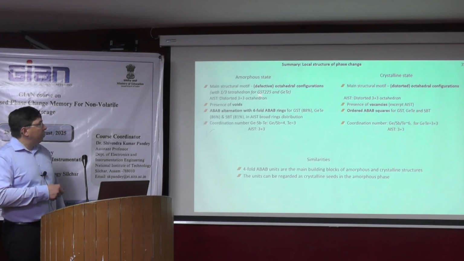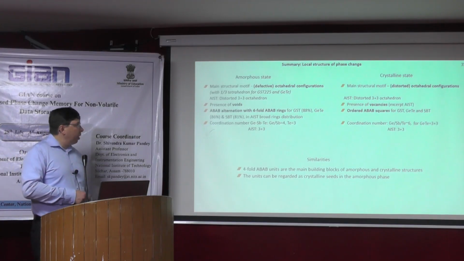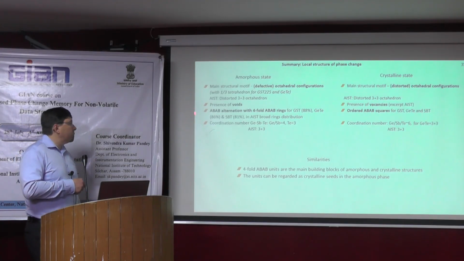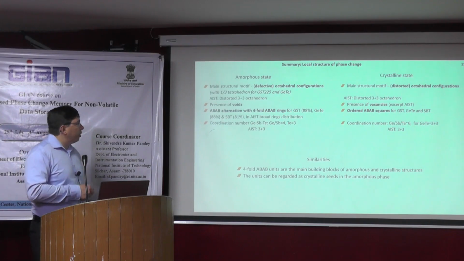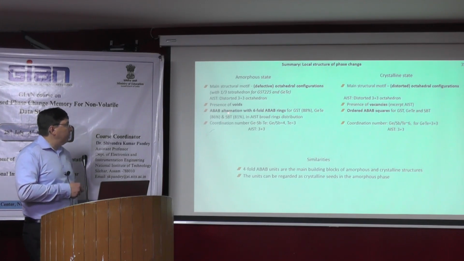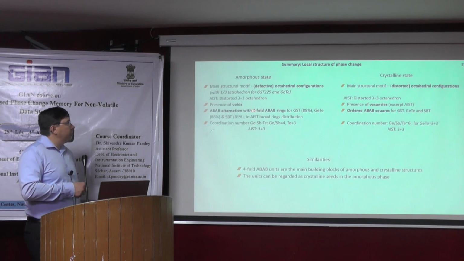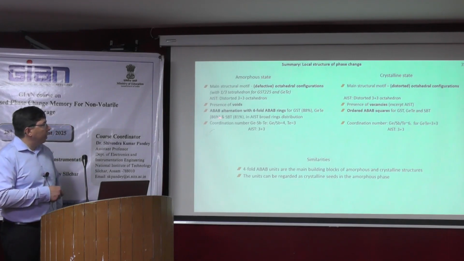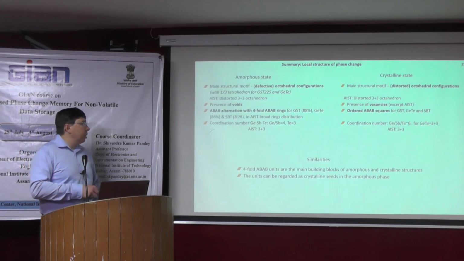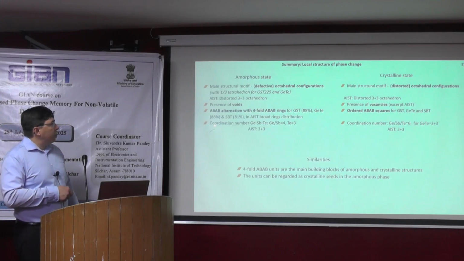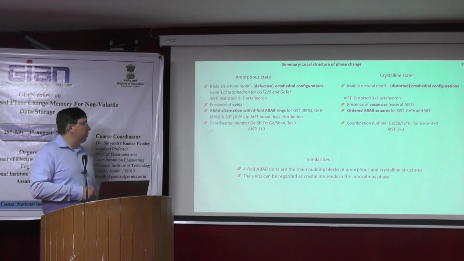We found also some voids in this amorphous state, and we found the formation of ABAB rings, with fourfold ABAB rings for GST with 80%, germanium telluride 86%, antimony telluride 81%, but for AST it's a really broad distribution. And the coordination number for germanium antimony telluride, GST, is like 4 for germanium and antimony, and tellurium it's 3. For AST it's 3 plus 3.